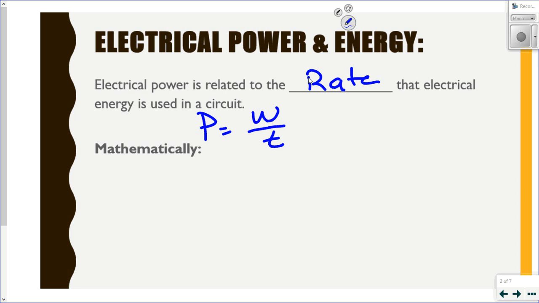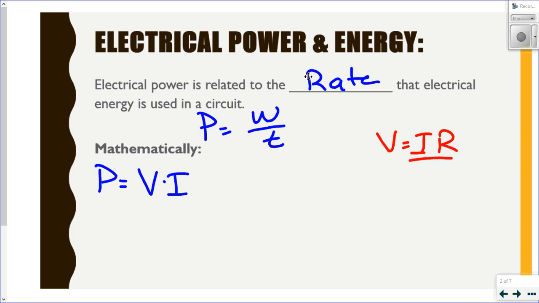So let's look at it mathematically. In circuitry, we can say that power is related to a voltage times a current. But we also know from previously that we can solve for voltage by doing a current times a resistance. Well, now we can plug that in for V, and we end up getting a new answer for power.